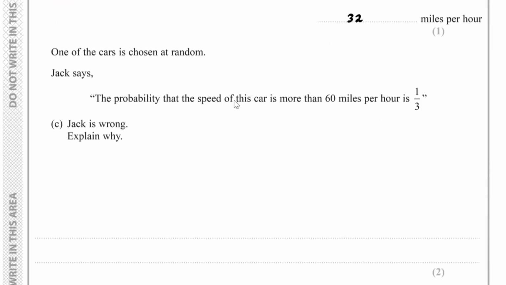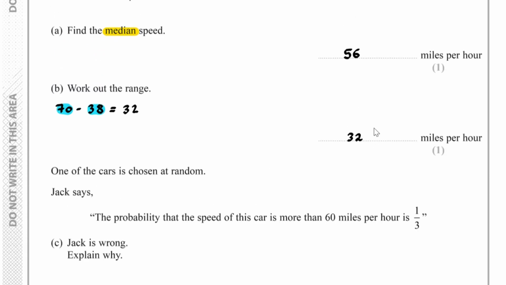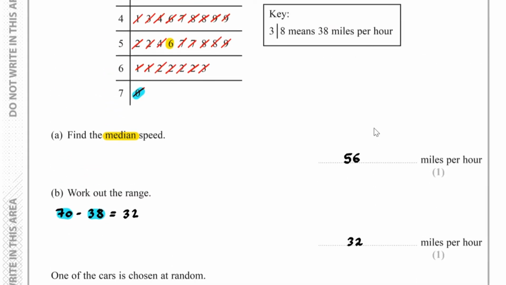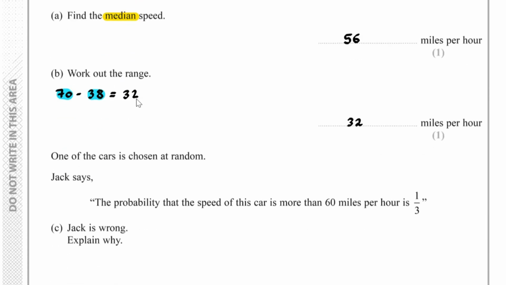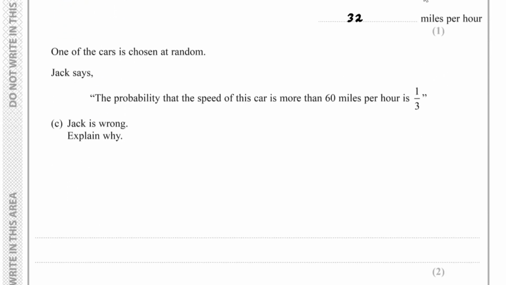Jack says the probability that the speed of this car is more than 60 miles per hour is a third. And Jack is wrong, we have to explain why. Well, how many cars do we have above 60 miles per hour? Well, we've got 1, 2, 3, 4, 5, 6, 7, 8 cars with a speed of more than 60 miles per hour.